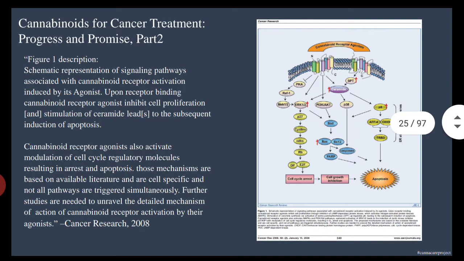Cannabinoid receptor agonists also activate modulation of cell cycle regulatory molecules, resulting in arrest and apoptosis. Those mechanisms are based on available literature and are cell-specific, and not all pathways are triggered simultaneously. Further studies are needed to unravel the detailed mechanism of action of cannabinoid receptor activation by their agonists.